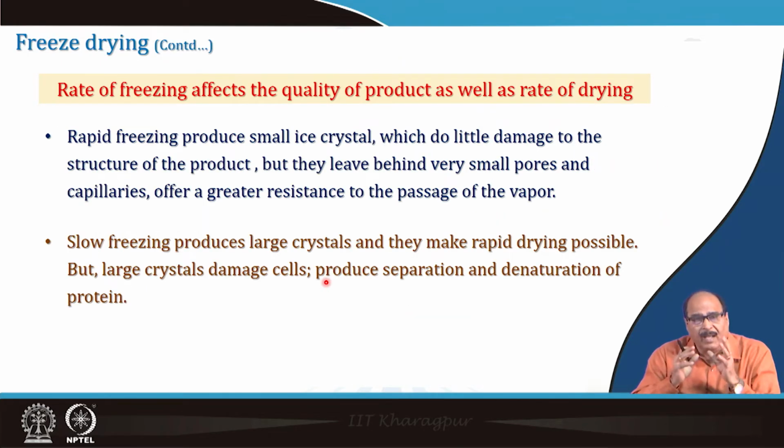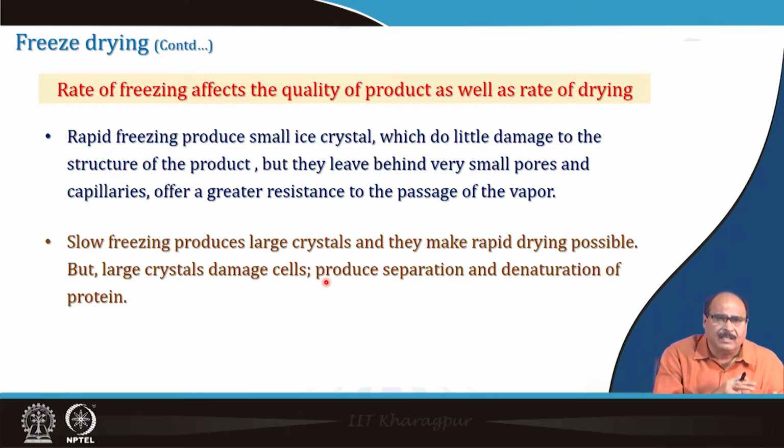Okay. And the rate of the freezing, I think about freezing we have already discussed in the earlier lectures. So, rate of the freezing affects the quality of the freeze dried product, as well as rate of the drying process. Rapid freezing produces small ice crystals which do little damage to the structure of the product, but they leave behind very small pores and capillaries and offer a greater resistance to the passage of the vapor.